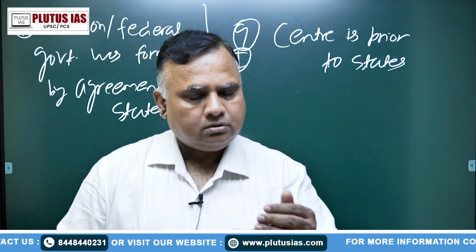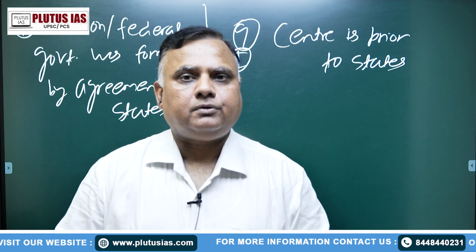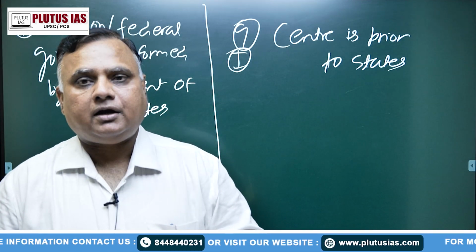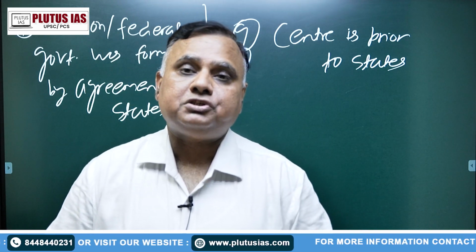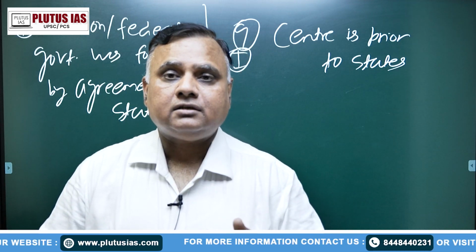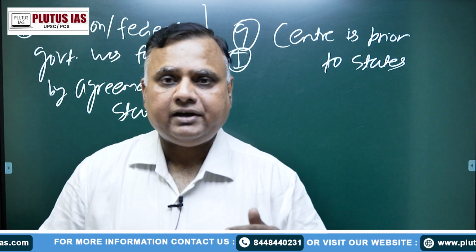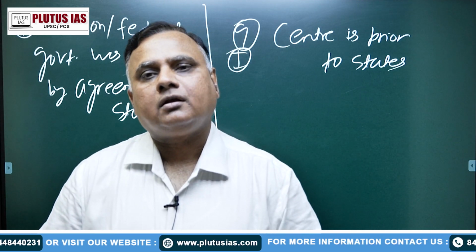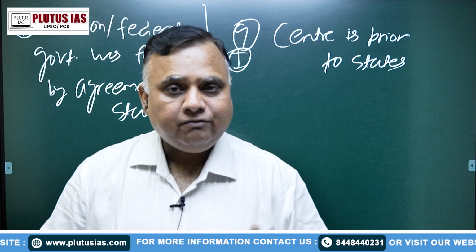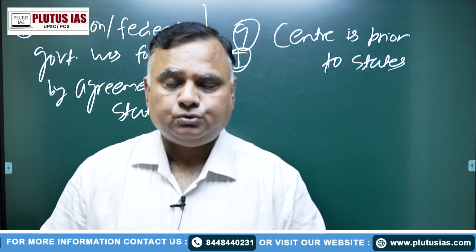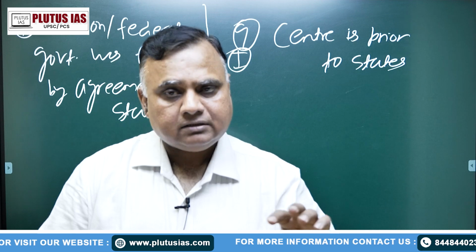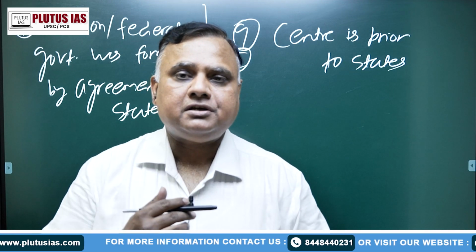So the center-state relationship, part 11, from article 245 to 263, defines the legislative, executive and administrative relations between center and states. Then part 12, that is 264 to 300A, defines financial relations between center and states.